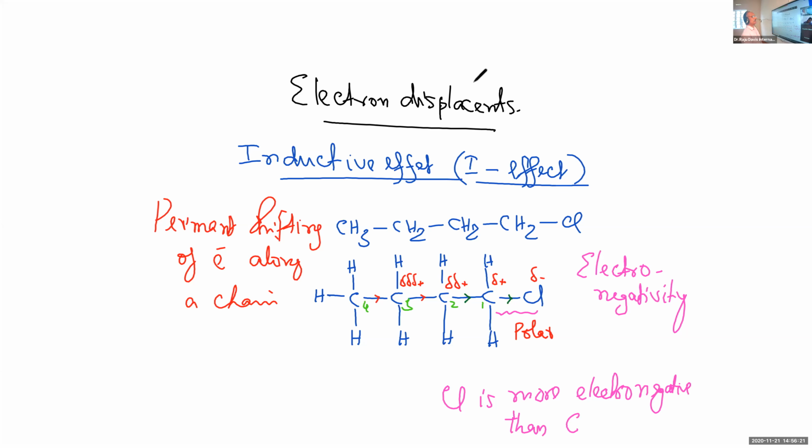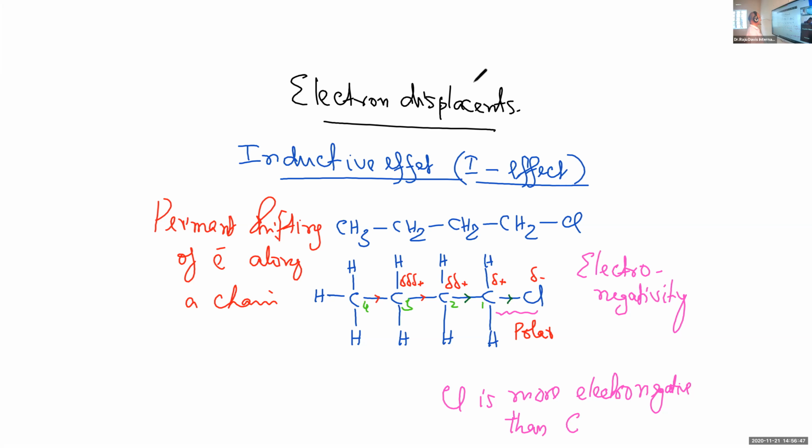There is a displacement of electrons. Electrons are displaced along a chain. These are the sigma electrons. Why are these called sigma electrons? These are the electrons present in the sigma bond, formed by the coaxial overlap of atomic orbitals.